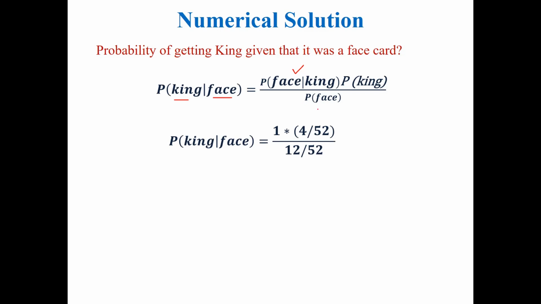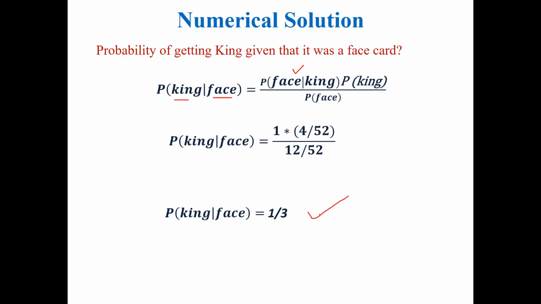And the probability of getting a face card out of 52 is 12 by 52, because there are a total of 12 face cards in our 52 cards. With this calculation we get the answer 1 by 3, 0.33. So the probability of getting a king given that it is a face card is 1 by 3. We have solved this problem based on the Bayes theorem.